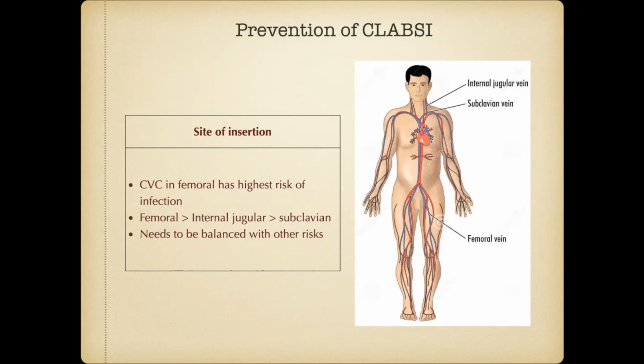And perhaps you still choose femoral instead of internal jugular or subclavian, because for someone with low platelets or coagulopathy, if you develop hematoma at those sites, the internal jugular and subclavian are very hard to compress. It can cause swelling that affects the upper airway, for example. So that's why the site of insertion varies between individuals. When we talk about prevention of infection itself, yes, femoral has the highest risk among the others.